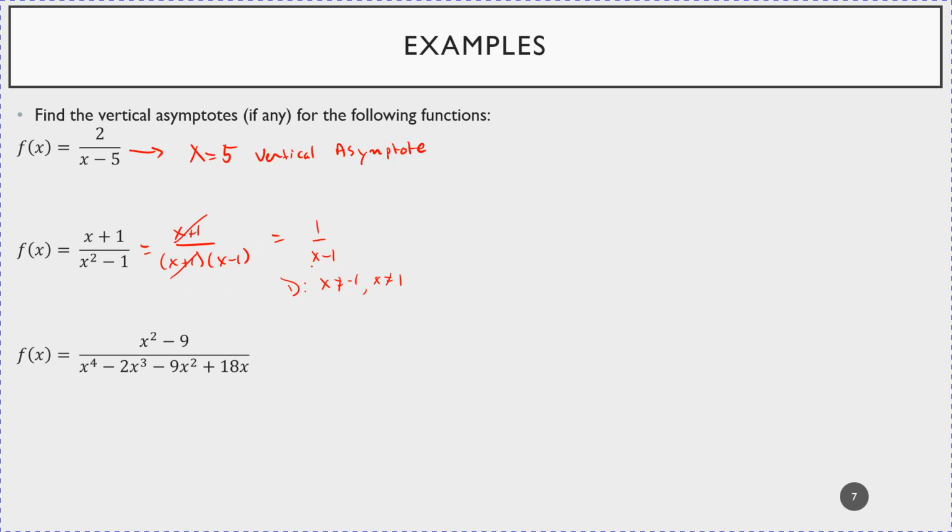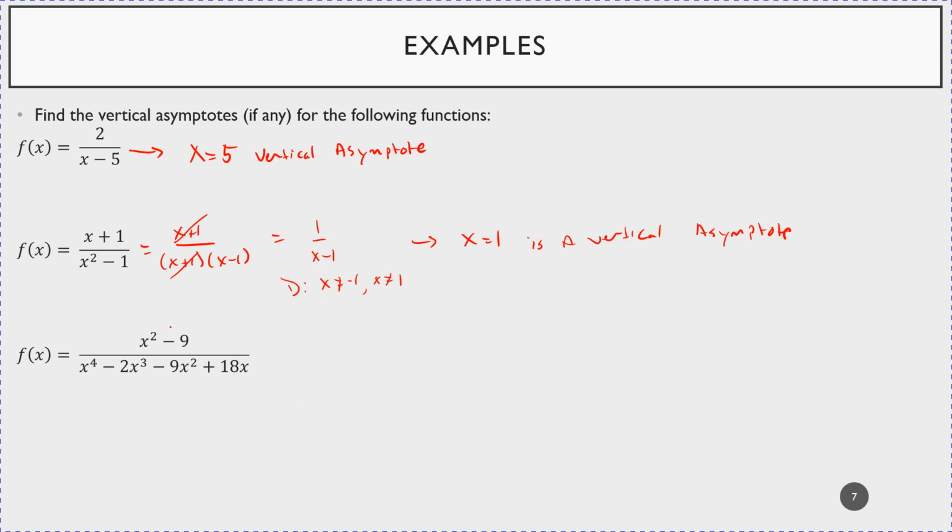So only a value of x equal to 1 will create a number over 0. Okay, so x is equal to 1 is a vertical asymptote. So what I'm saying here is when you have these rational functions, simplify it, and then look at the simplified version only for finding the vertical asymptotes.